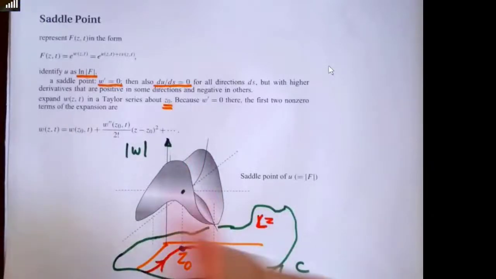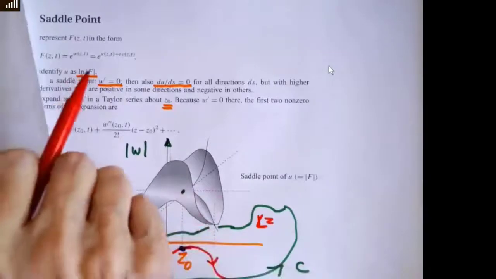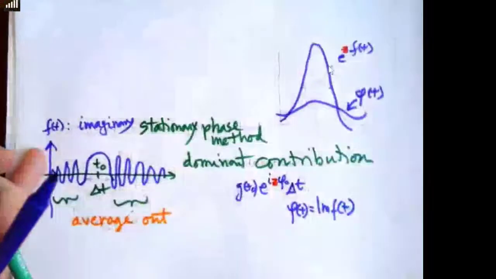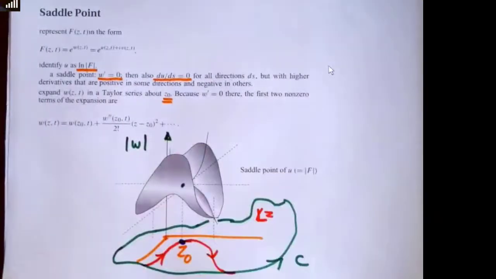But now the next thing you want to do is, depending on what the contour does, it might wiggle. And you want to avoid this wiggling. So the second thing you want to do is orient the contour so that you avoid wiggling on the contour itself, so it's a nice exponential.